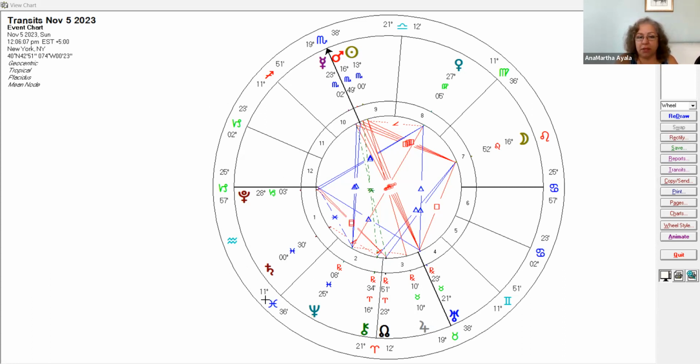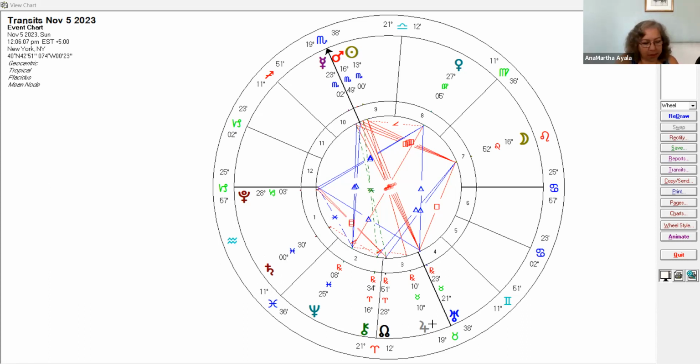The ruler of Pisces would be Neptune. In traditional astrology, the ruler of Aquarius is Saturn, and the ruler of Pisces is Jupiter. But again, we use the modern rulers with the degree theory.